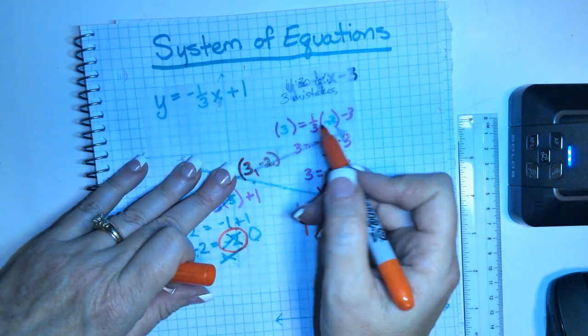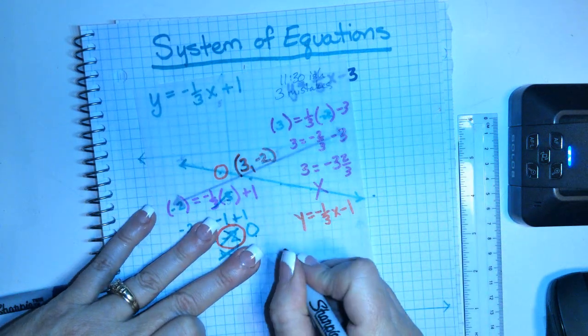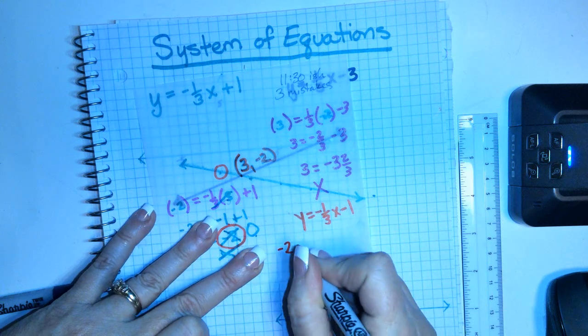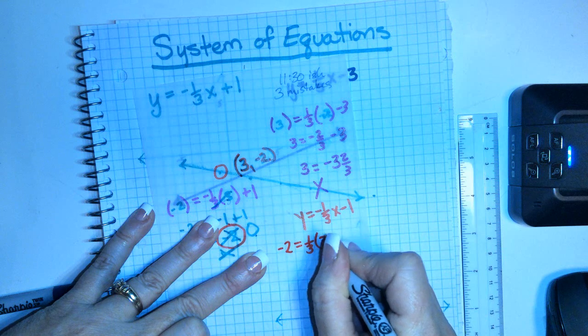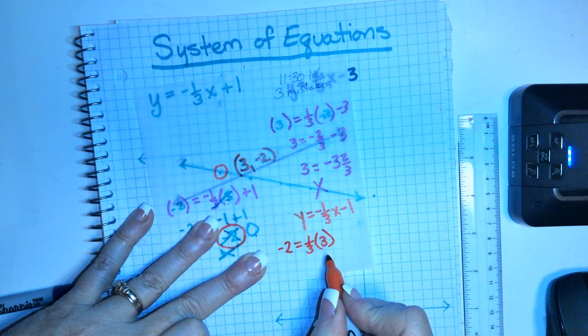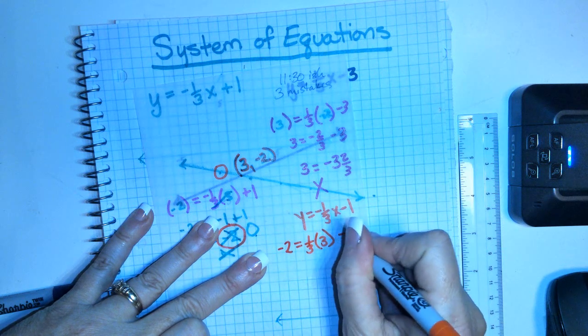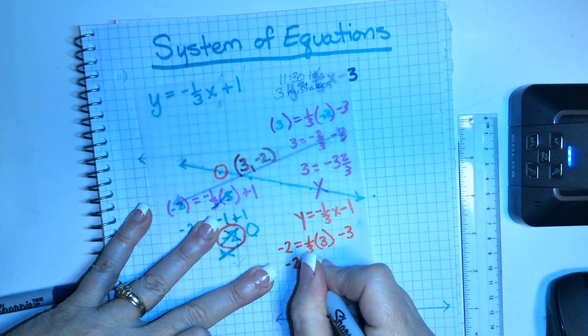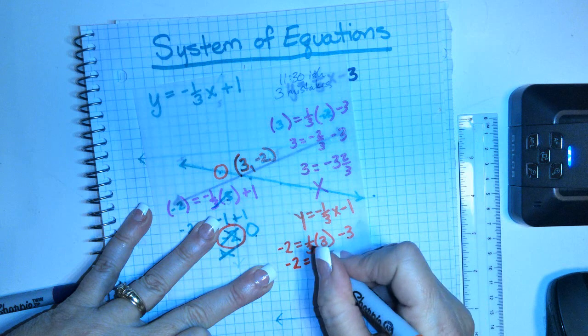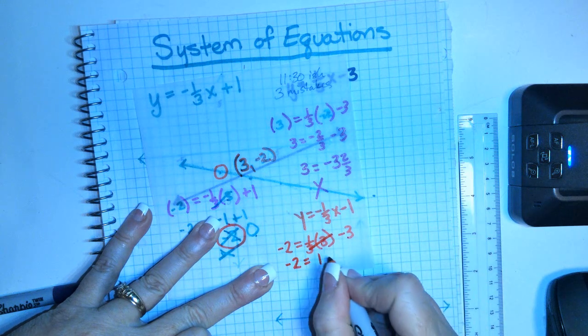So let's see if I did plug that in. I would have negative 2 equals 1/3 times 3, that's my x value, minus 3. This would be negative 2 equals 1/3 of 3 is just 1 minus 3.